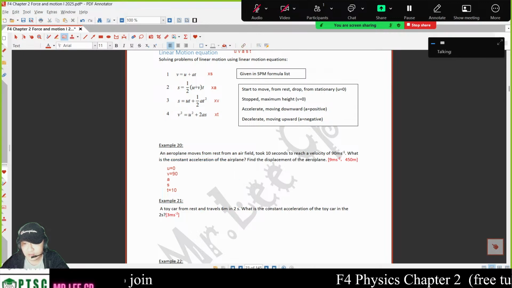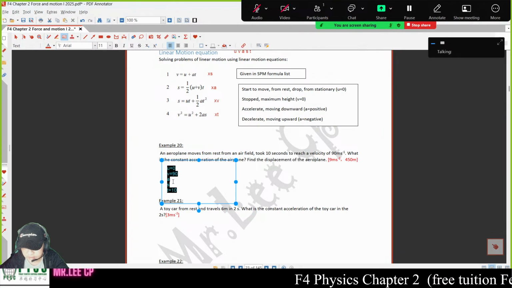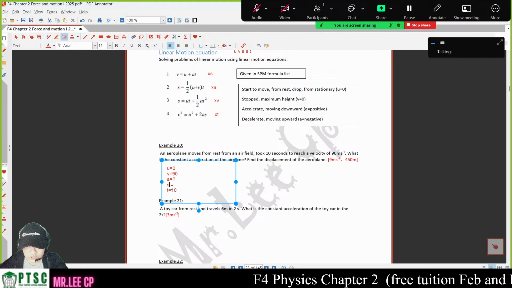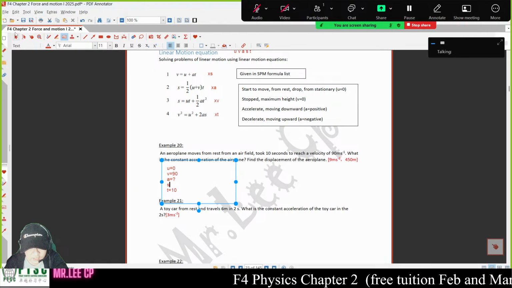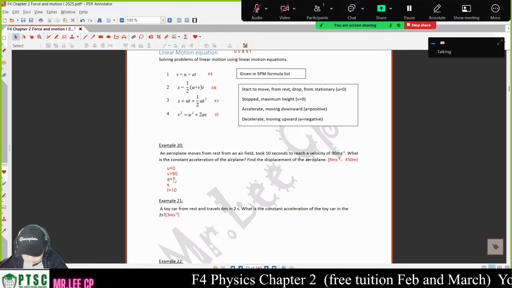And what is the constant acceleration of the airplane? The question asks you, what is the acceleration of the airplane? So you put a question mark.